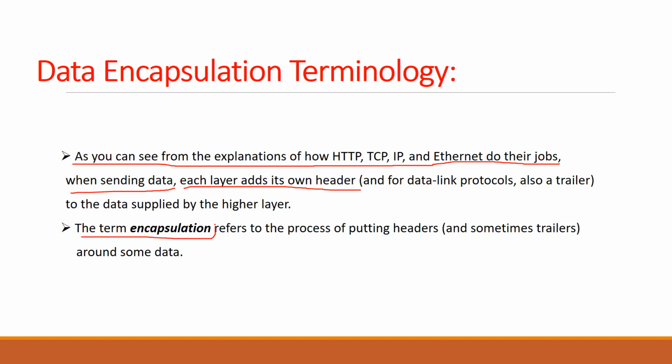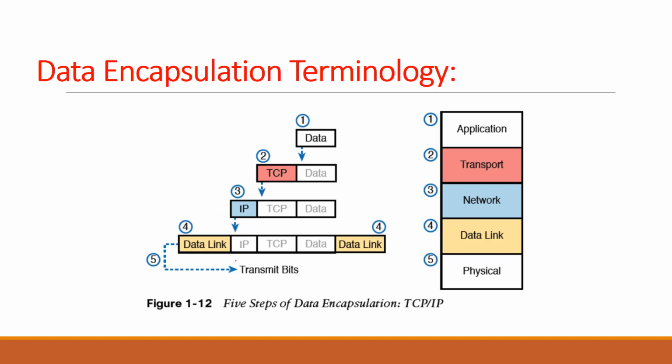So the term encapsulation refers to the process of adding headers, and sometimes trailers in the case of the data link layer, around some data. And the de-encapsulation process means to remove that header and/or trailer. So in this slide, we are going to discuss the data encapsulation terminology and its names.